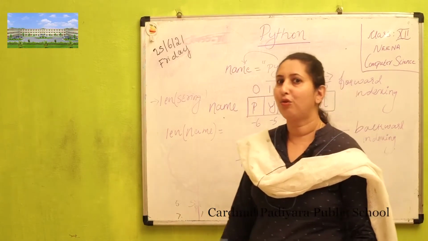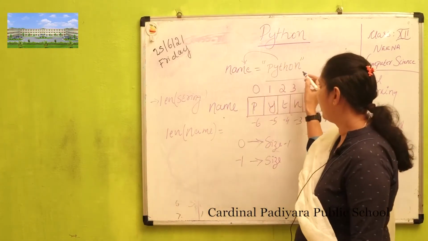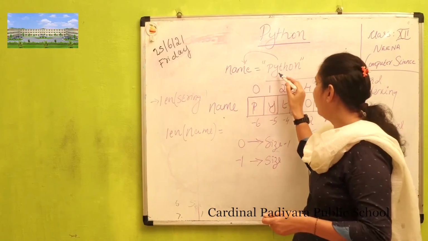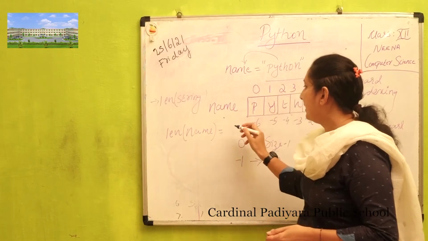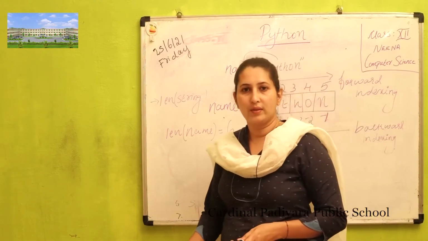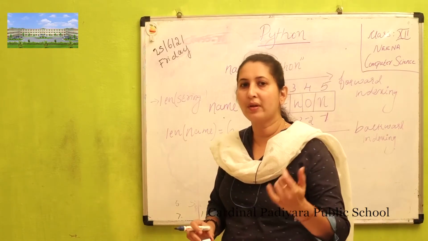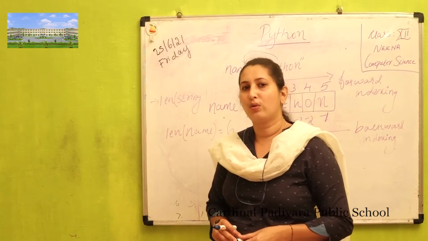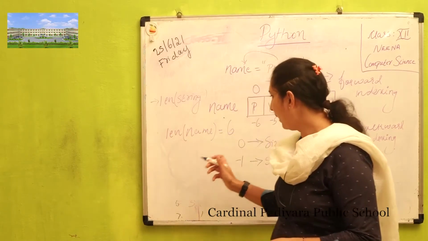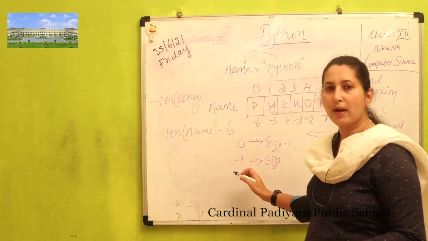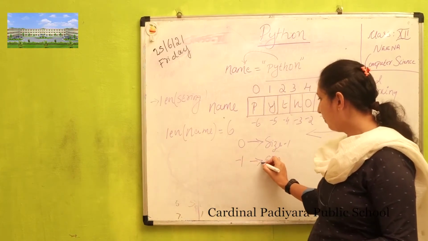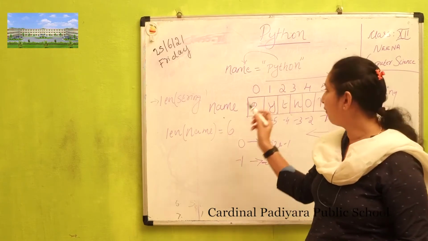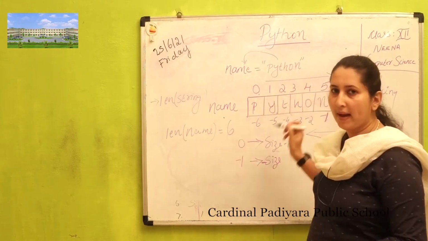You count its individual characters: 1, 2, 3, 4, 5, 6. 6 is the length of the string. So you have to count how many characters are in that string. That is the length of the string. So for the backward direction, it is -1 to minus size, and for the forward direction, it starts from 0 to size -1.